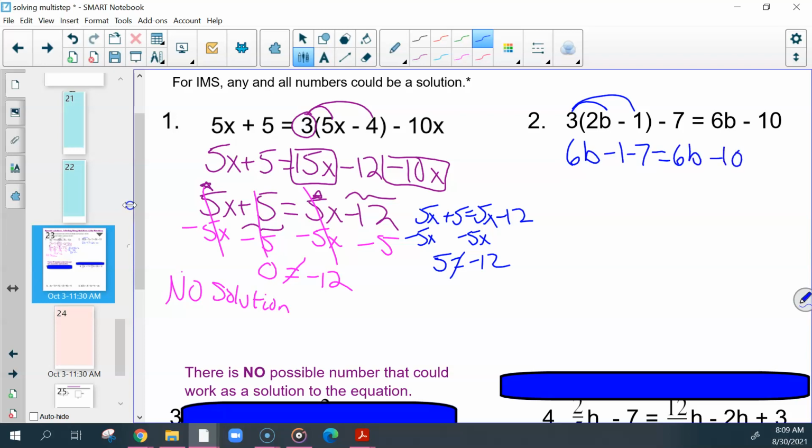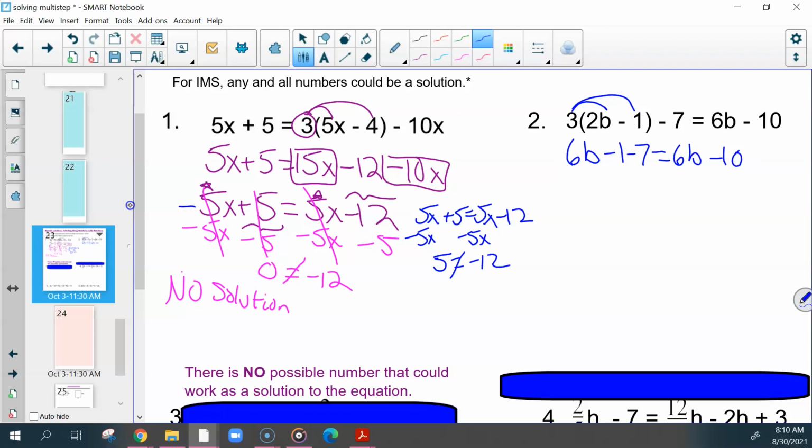The reason why I asked what's similar and what's different for this one: if you are solving a problem and you get to some point where the coefficients are the same, but the constants are different, that should already tell you, like light bulbs should be going off, bells should be going off. This is going to be no solution anytime you see that.